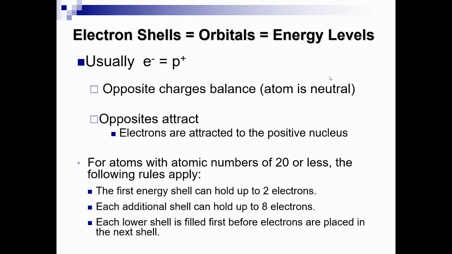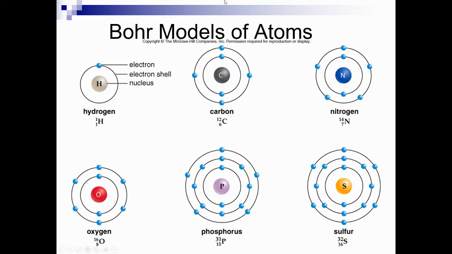So when I'm putting my electrons in place, each shell has to be filled before electrons can go to the next shell. What that looks like, this is called the Bohr model of atoms, is if I have 1 proton and 1 electron, like I do in hydrogen, then that electron goes into the first shell closest to my nucleus.